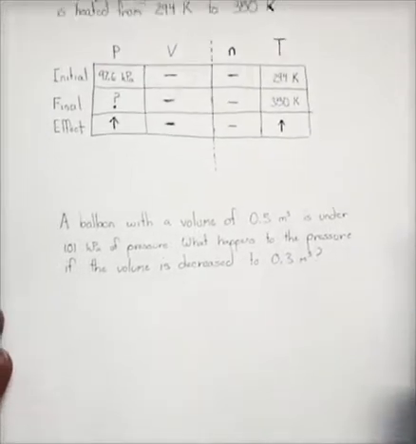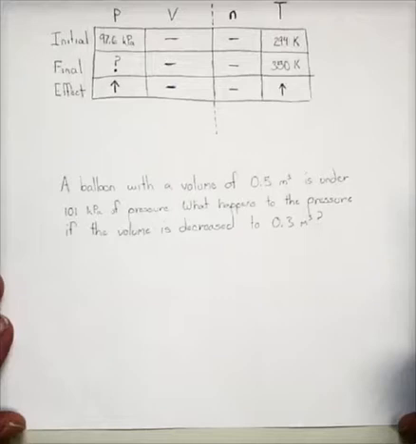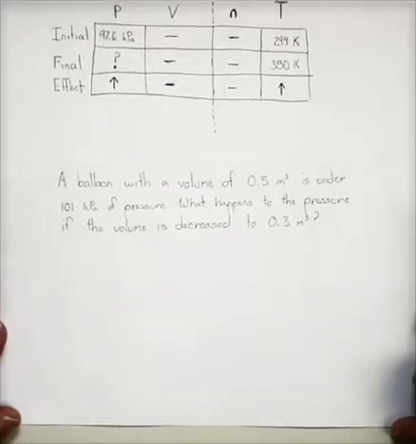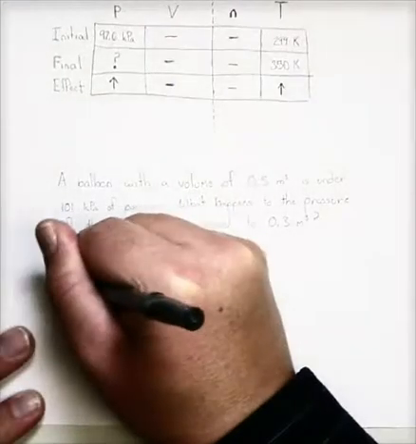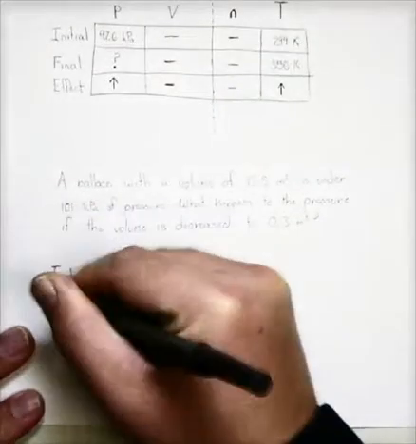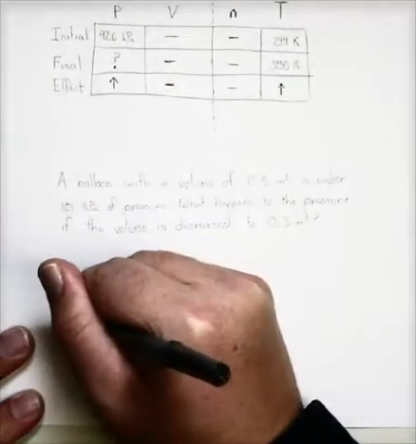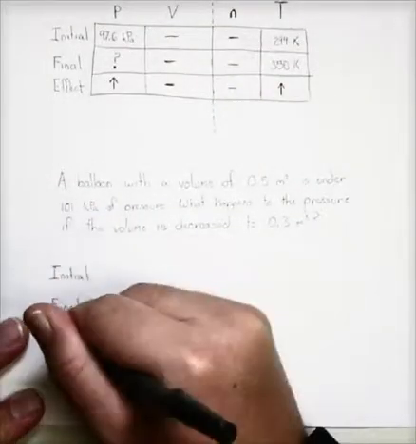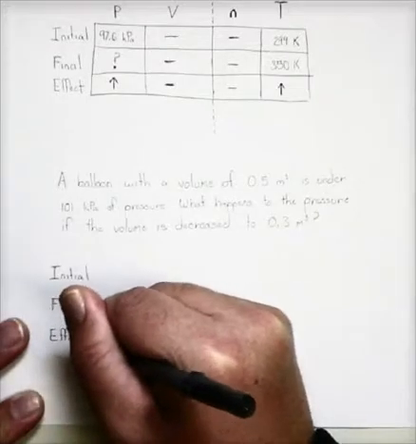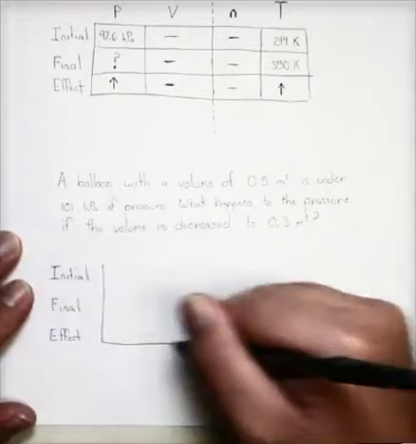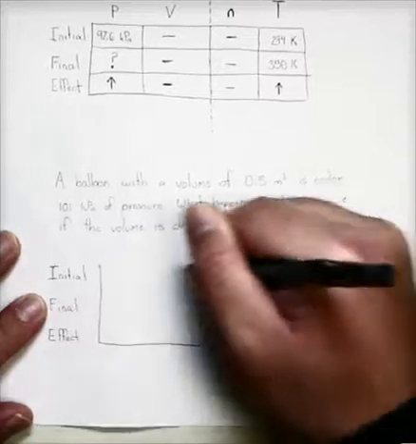So again, we're going to draw our IFE chart and try and establish what's going on here. So remember, the I stands for initial, the F stands for final, and E stands for effect. And we build our chart.